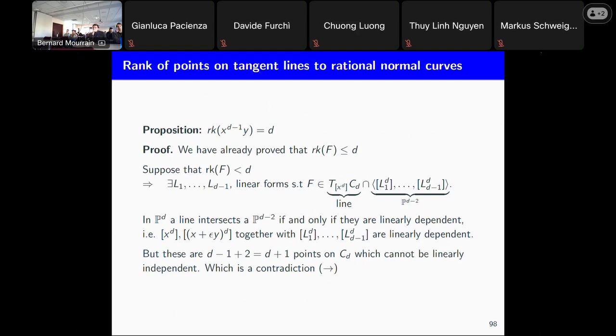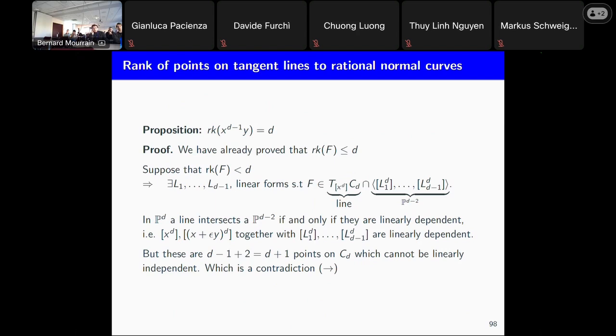Okay? And so it means that I have these D minus 1 linear forms, I raise the power, I take the span of this space, and it has to hit this line, because my W tensor belongs to this line. So I have the tangent line that intersects a P^(D-2) spanned by these D minus 1 points.